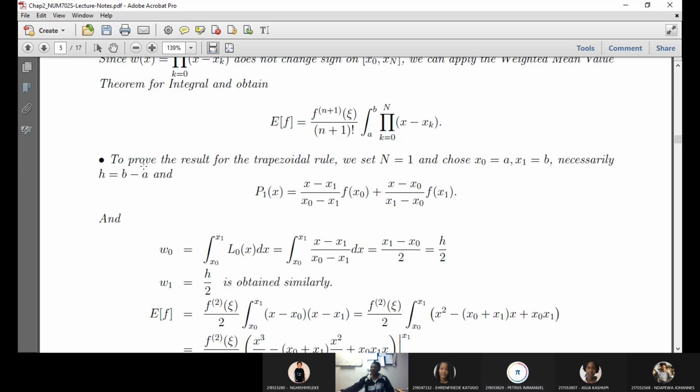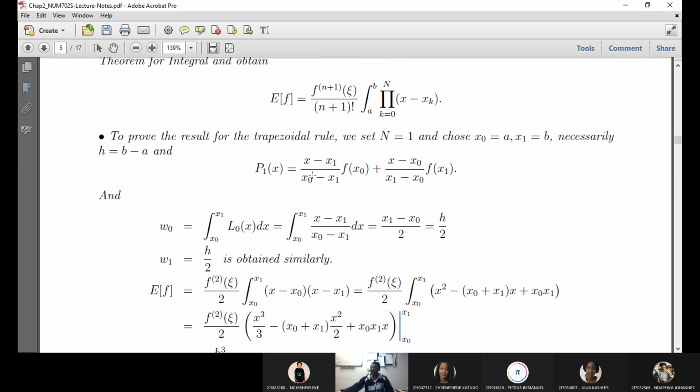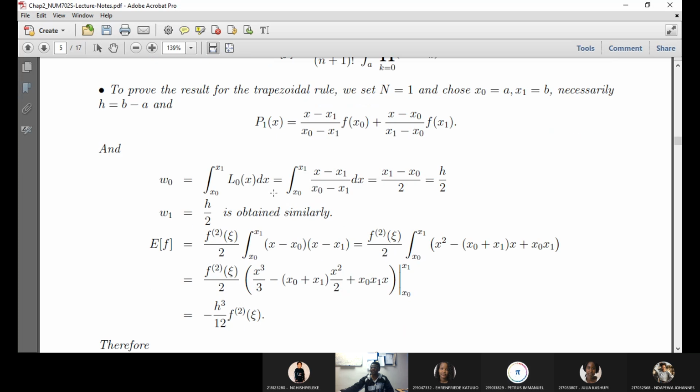So this is general. Now we can go to counting. We can now start counting the number of points. When capital N is 1, you have 2 points, right? x0 and x1. Those are the 2 points. Then we substitute that. We know what our Lagrange interpolating polynomial is, right? We know all of them, so we can integrate, right? We can integrate the L0s. It will give us h by 2.